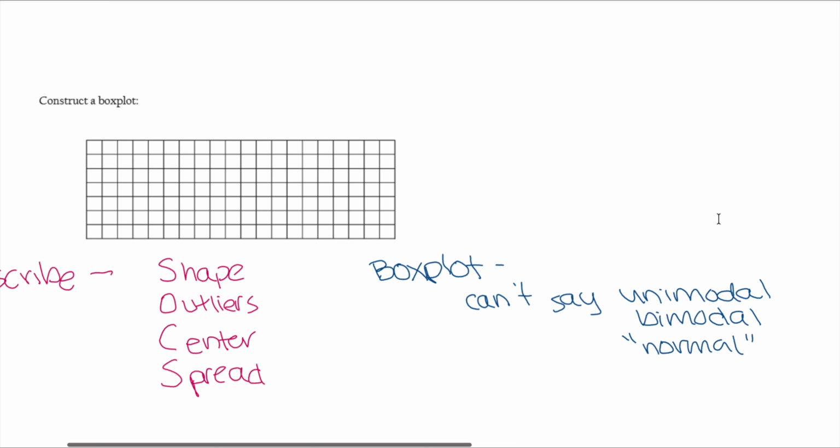Highlight again, for the box plot, we can't say that it's unimodal or bimodal, or, in quotation marks, normal. Those are just some warnings in here, because a box plot is not like a stem plot.